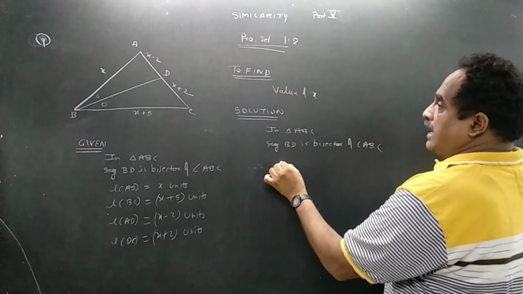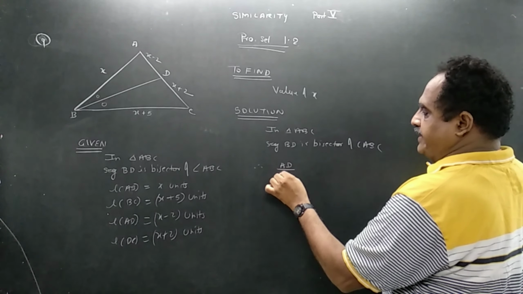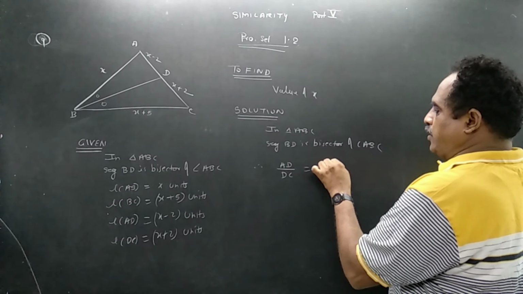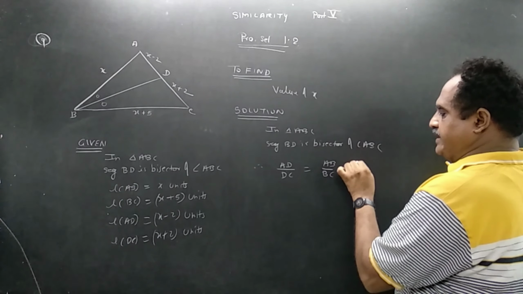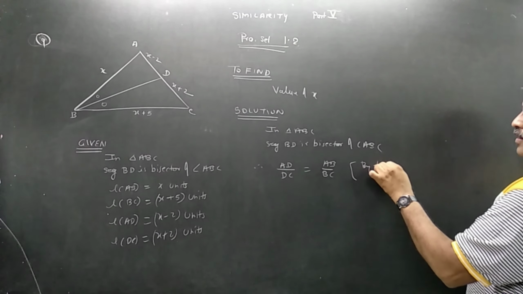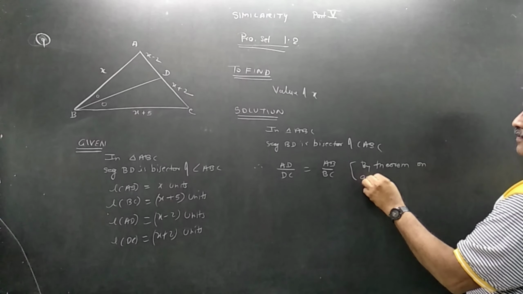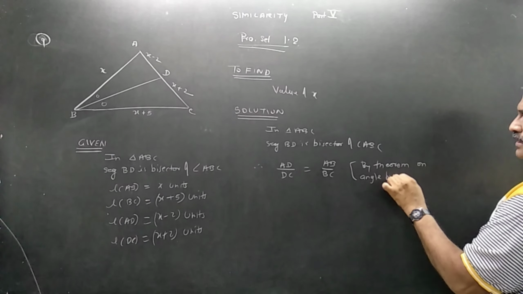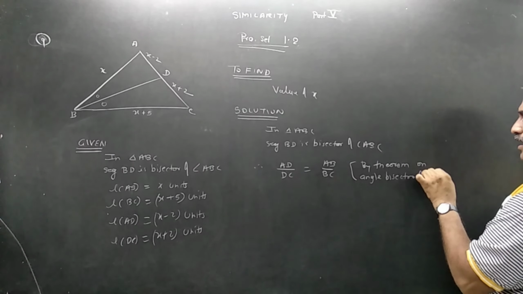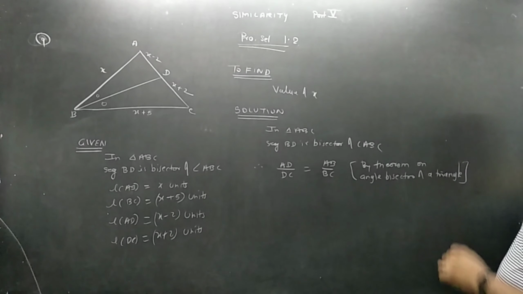Therefore, AD by DC is equal to AB by BC by the theorem on angle bisector of a triangle. This reason you have to give.